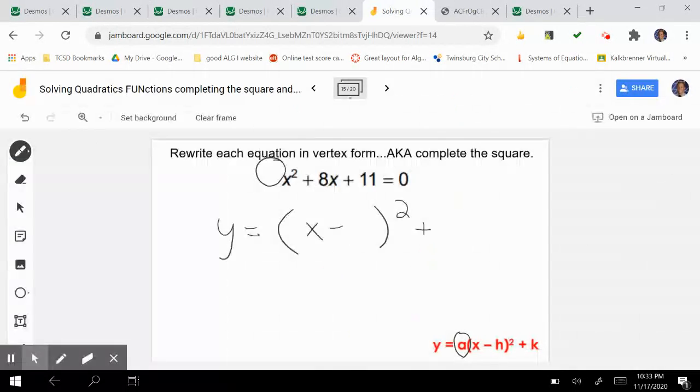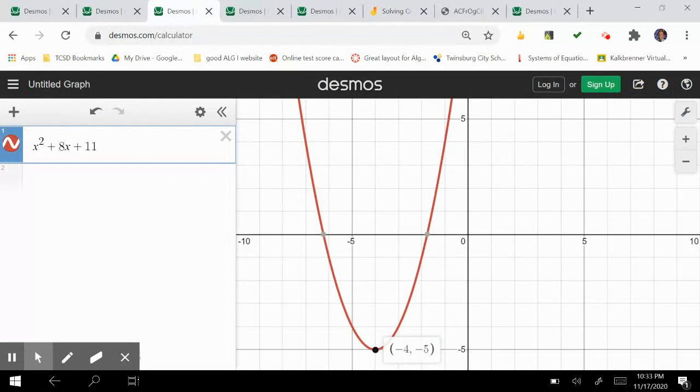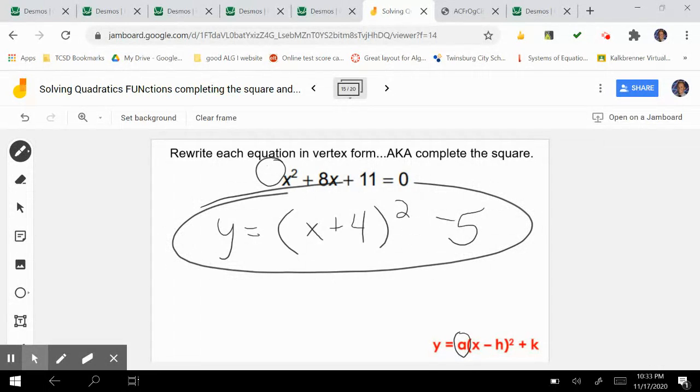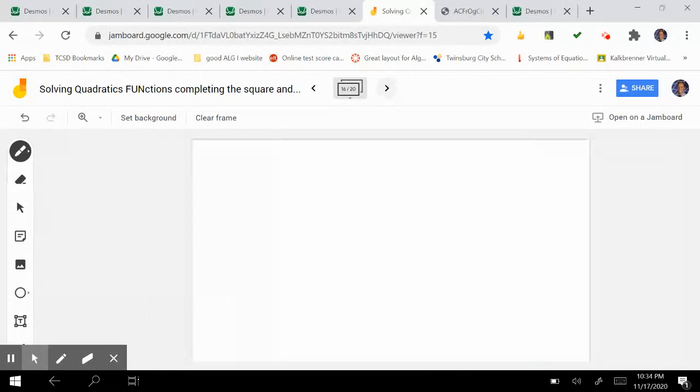So when I go here, what's the opposite of negative 4? Positive 4. And then what's my k value? Was negative 5. So this says plus negative 5, which looks a little weird. So let's just erase that plus sign. And there I have my vertex form, aka complete the square, because this is your perfect square trinomial. That's what we keep saying by complete the square.